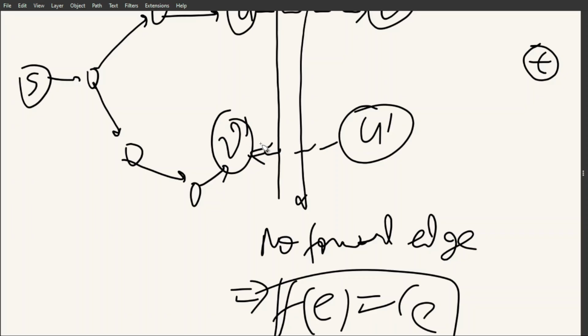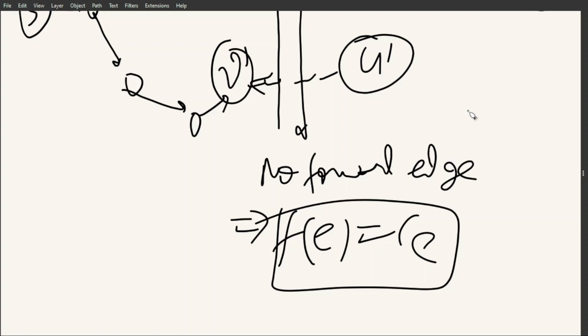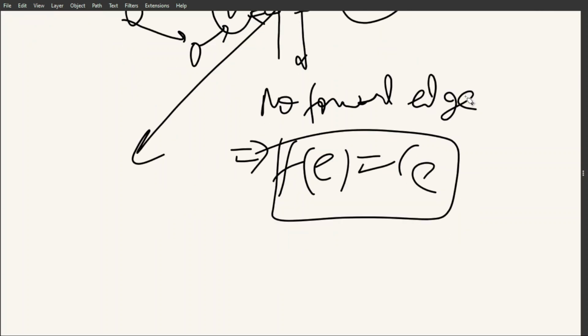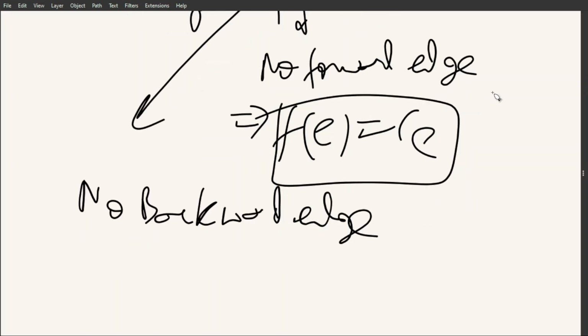Here we do not have any backward edge. Actually in G we have an edge from U prime to V prime, but in G_F star there is no backward edge. So just apply the condition of not having a backward edge. It means we cannot decrease the flow, meaning the flow is 0. So for the second case the flow is actually 0. Here we have no backward edge. This implies the flow is 0.